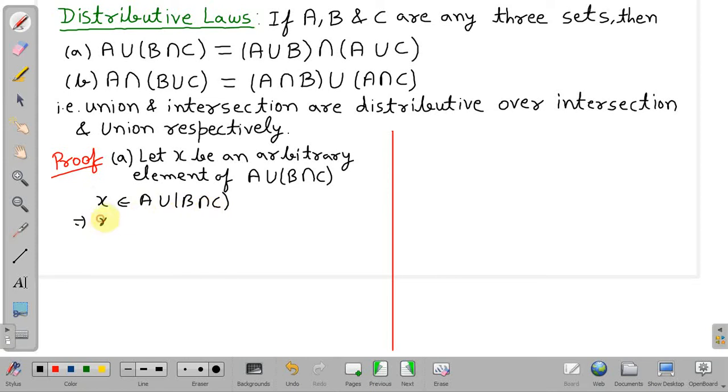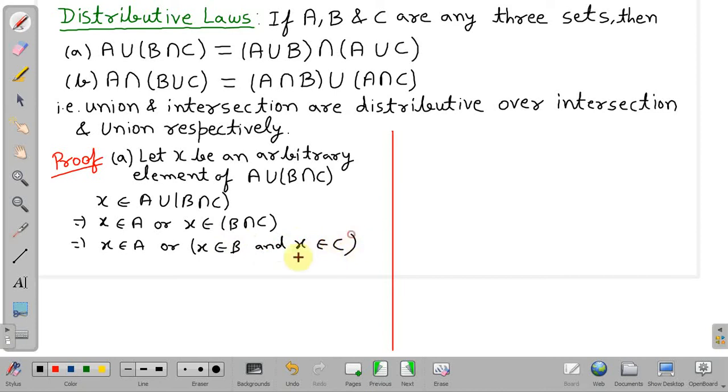So we can write this as x is an element of set A or x is an element of set B intersection C. And this can be written as x is an element of set A or (x is an element of set B and x is an element of set C).